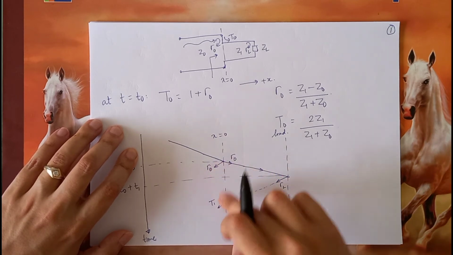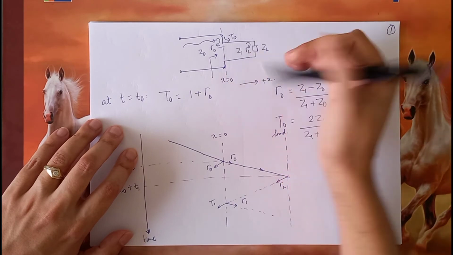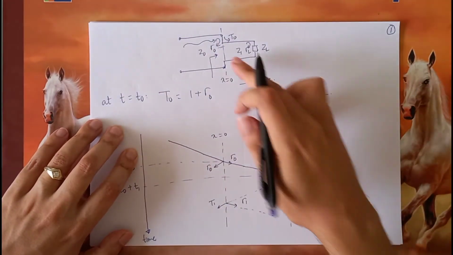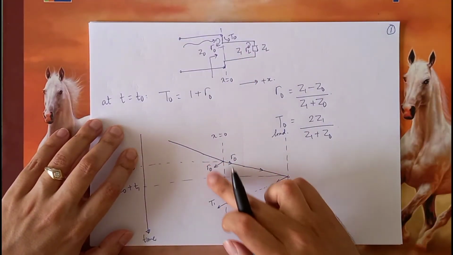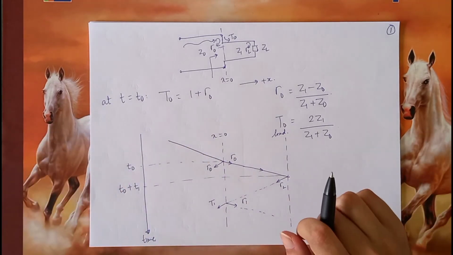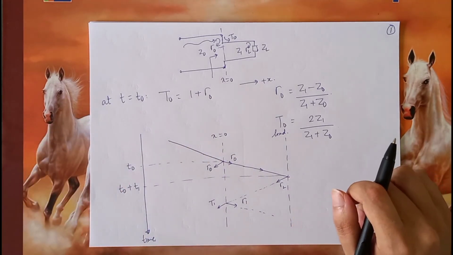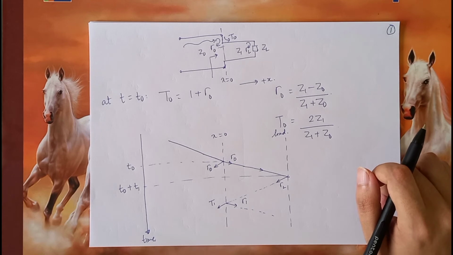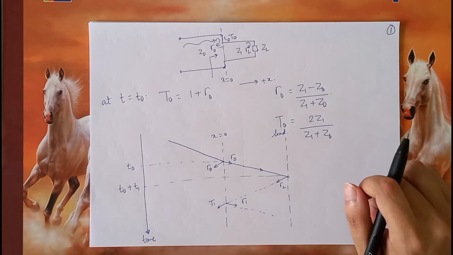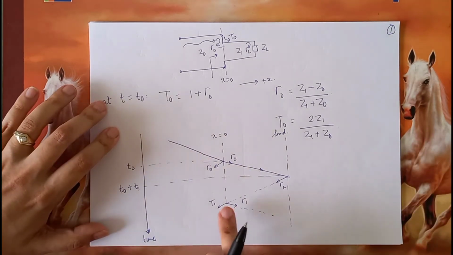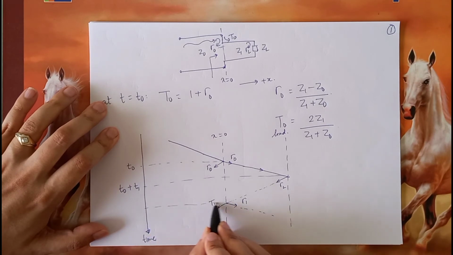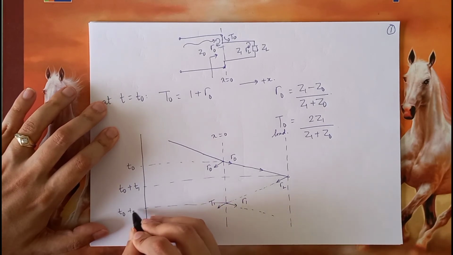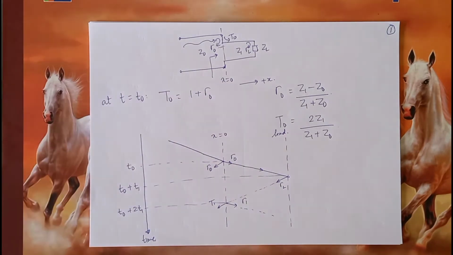So effectively, the outgoing wave that is seen as the reflected wave from Z1 into Z0 is seen as a superposition of many of these waves. So the question is, this happens at what time? This time is T0 plus 2T1. So let us draw this even longer.